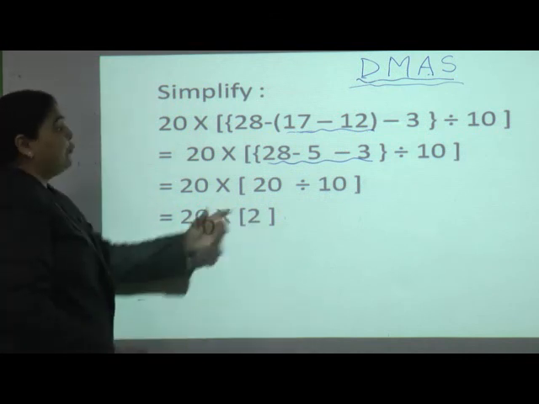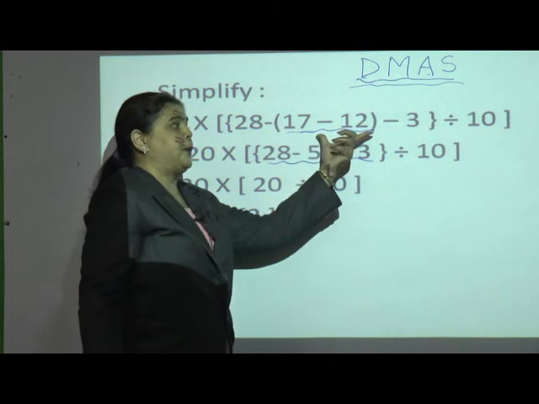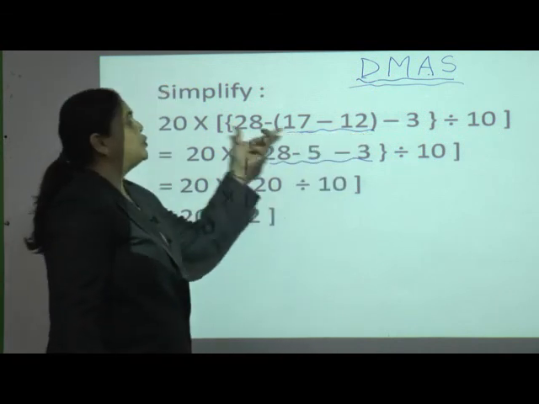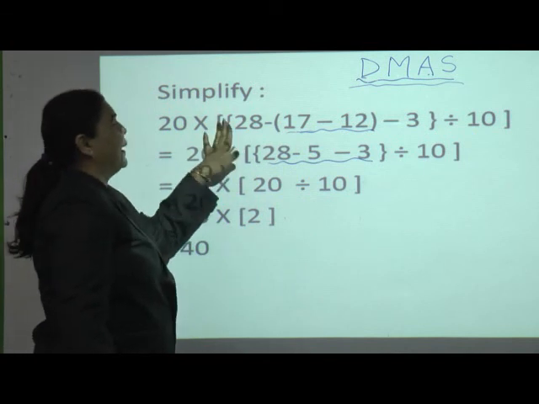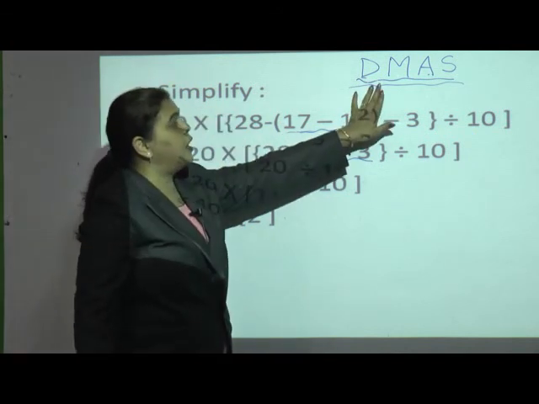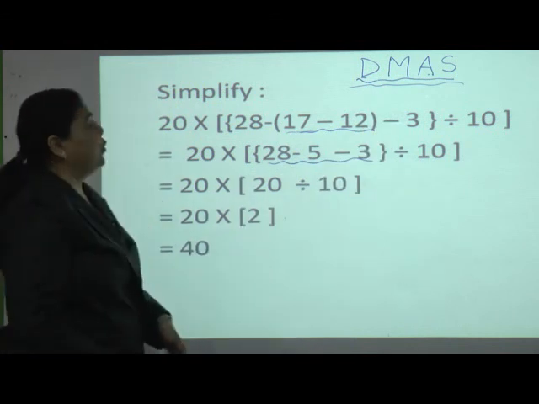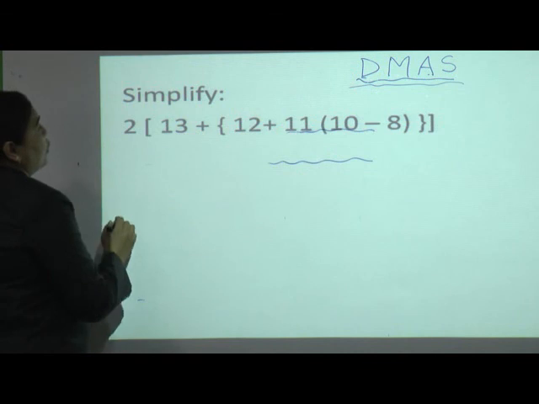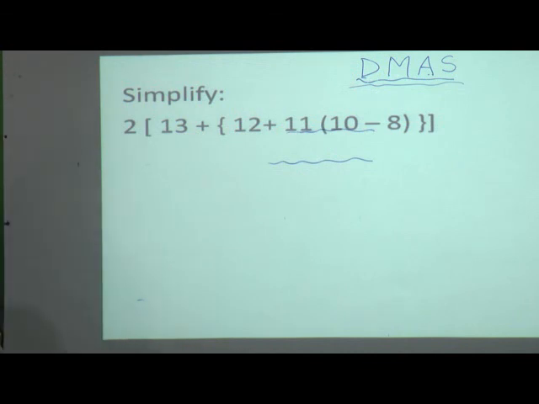If you are having such long expressions with different operations and different brackets, first you have to solve the brackets and then you have to use the DMAS rule. So you can solve the sums step by step. You can write your own examples and try to solve.